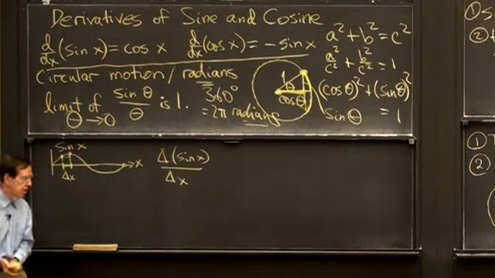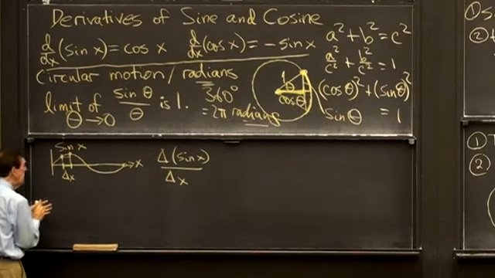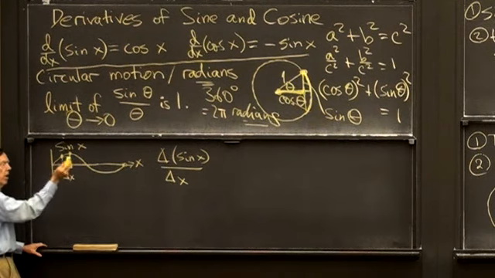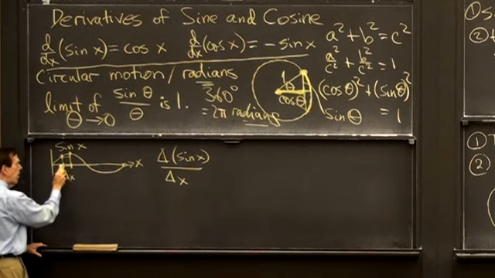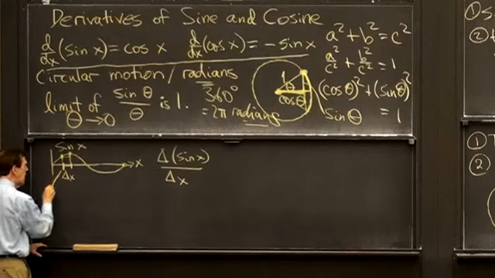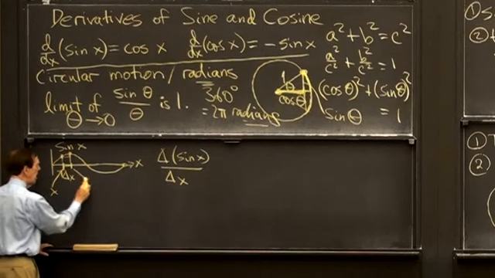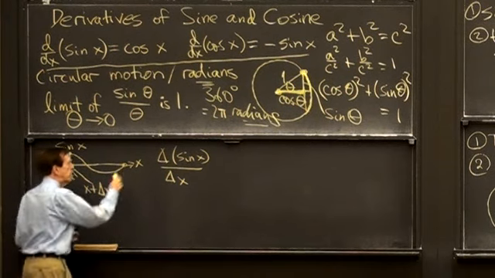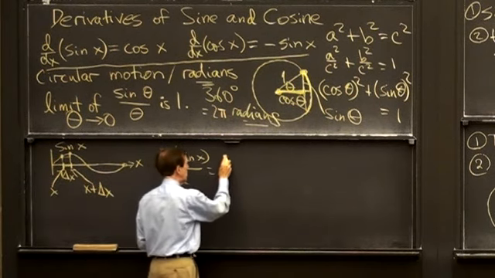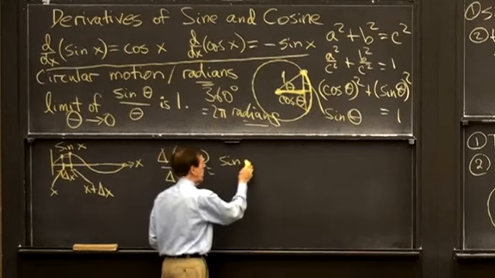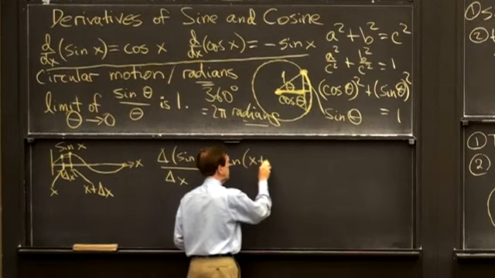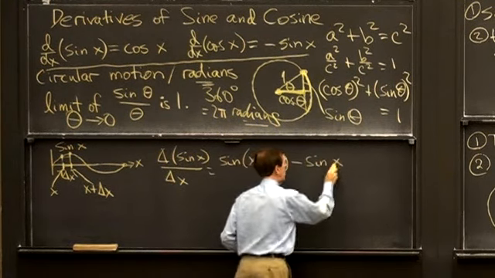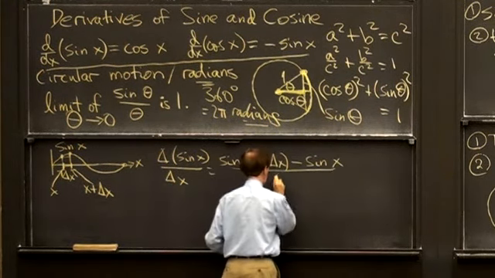That's what calculus does. The main point is my x is now here instead of being at the start. I've done it for the start, but now I have to do it for all the other x's. So there's the x, and there's the x plus delta x, a little bit along. Can I write this in the familiar way? Sine of x plus delta x minus sine x, divided by delta x.